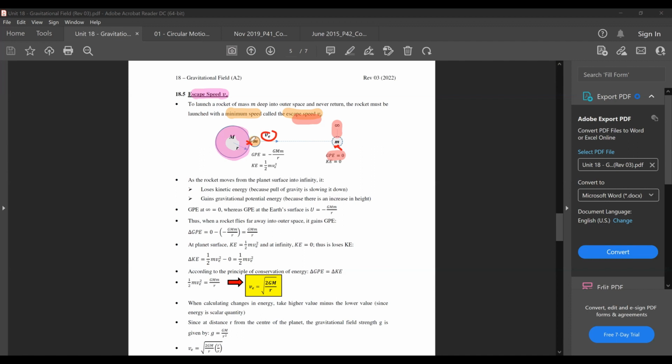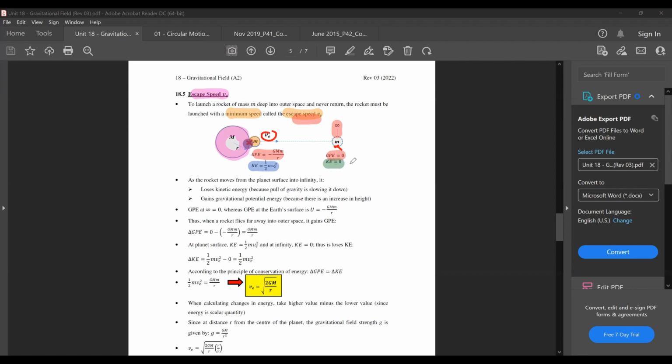Okay. And then on the surface of the planet that you're launching from, your GPE ought to be negative GMm over R. All right. Now, what about the KE then? If you're talking about the KE, on the surface of the planet that you're launching from, the KE will be half m VE squared, where VE is your escape speed. But at infinity, your KE ought to be 0.